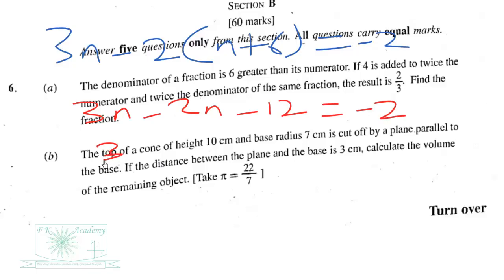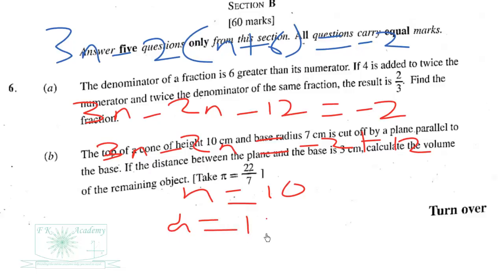So 3n minus 2n will be equal to negative 2 plus 12. So n will be equal to 10. If n equals 10, then d is equal to n plus 6, which is 16.